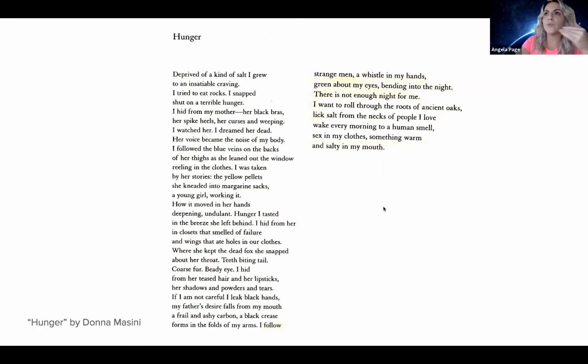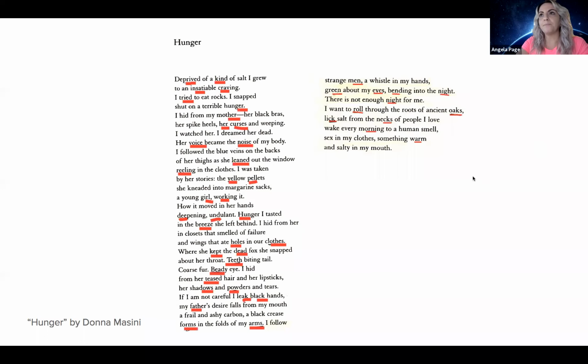So I hope as we read the piece that you were listening for sounds, because we're going to go to the next slide and we're actually going to point some out. So the first ones that come to mind are these two, "deprived of a kind." Like I said, you can really hear the vowel sound if you stretch it out.